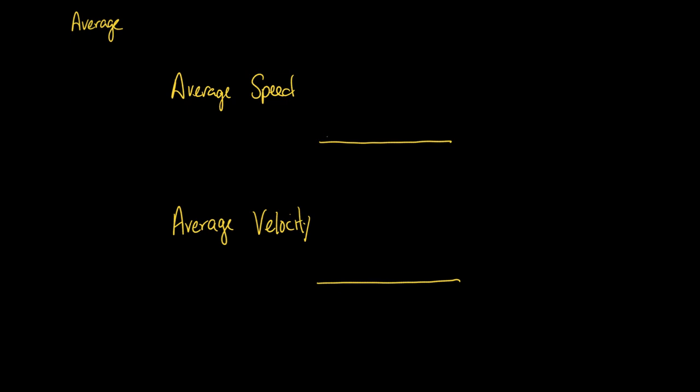Average speed is defined as the total distance traveled in your time interval, while average velocity is the total displacement over your time interval.